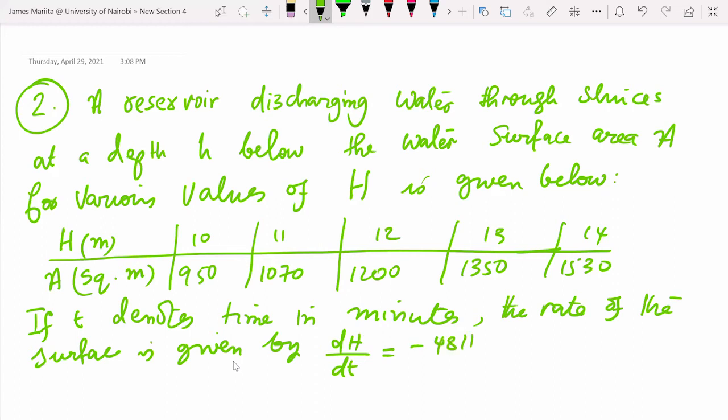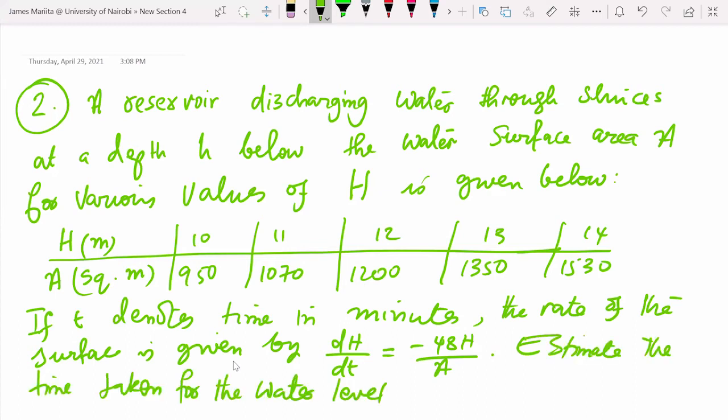Estimate the time for the water level to fall from 14 meters to 10 meters.